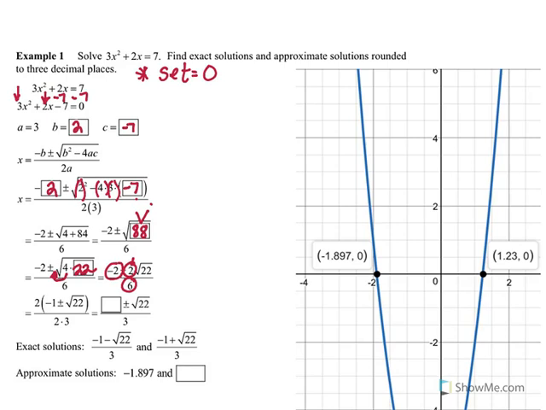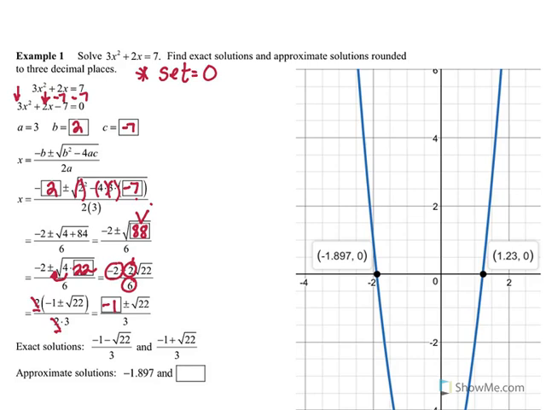So when I divide them all by 2, I end up with 2 on the outside times negative 1 plus or minus the square root of 22 over 2 times 3. We know if there's something common in our numerator and denominator, they cancel. This gives us negative 1 plus or minus the square root of 22 over 3.